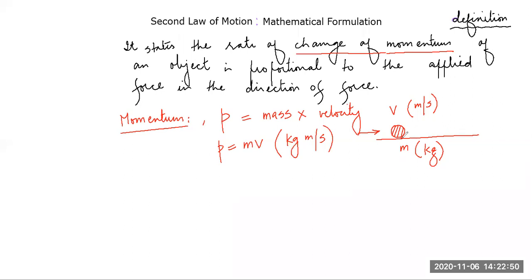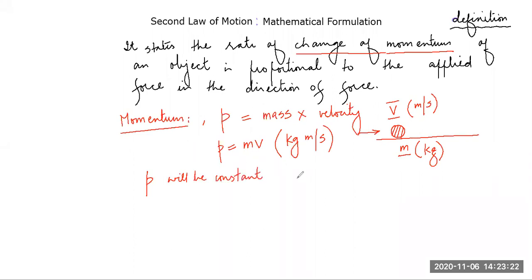See, if it continues to move with velocity v, its momentum will not change. The mass of the object is always remaining constant, right? And if the velocity is constant, then the momentum will be constant.